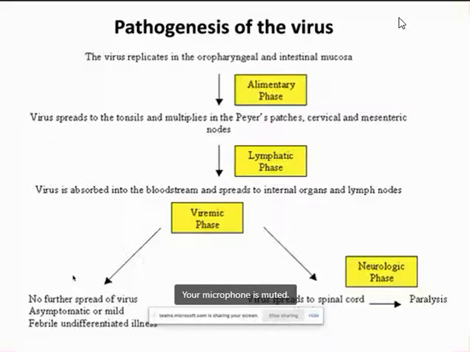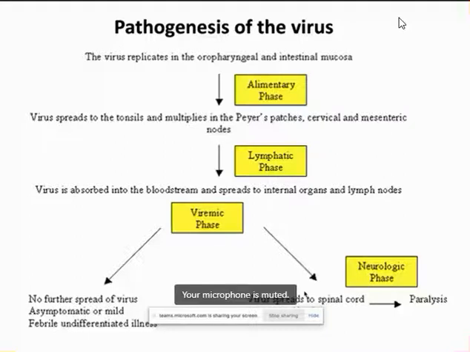But in some cases, which is the very important aspect, these viruses travel via the nerves towards the central nervous system via retrograde axonal transport, and then they may lead to the paralytic conditions. And this one is important, that is called as neurological phase.